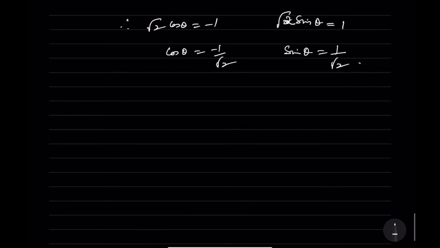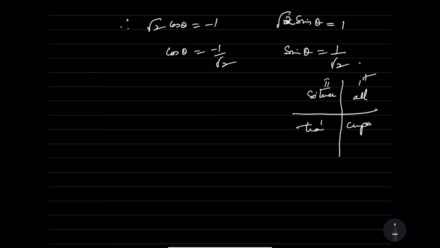So now here, therefore theta lies in the second quadrant, because you know that all silver tea cups. This is the first, second, third and fourth quadrant. This lies in the second quadrant.